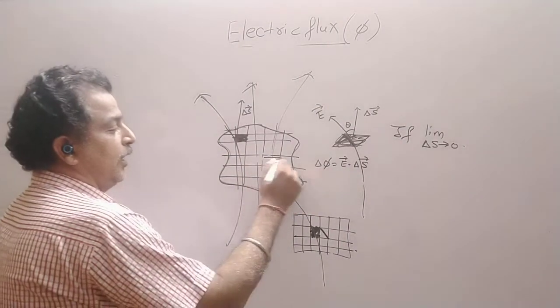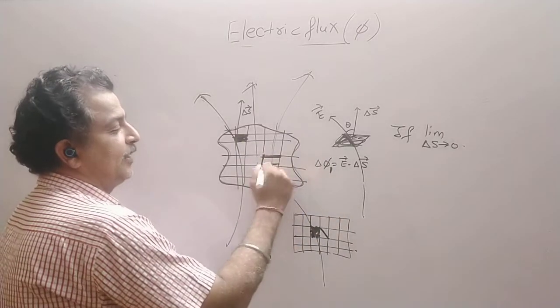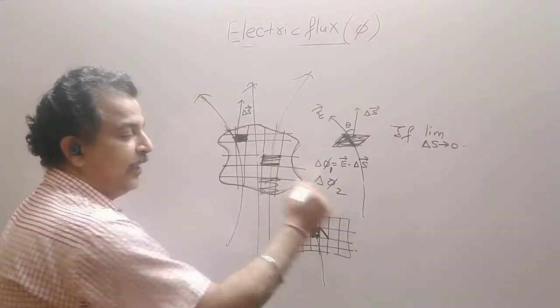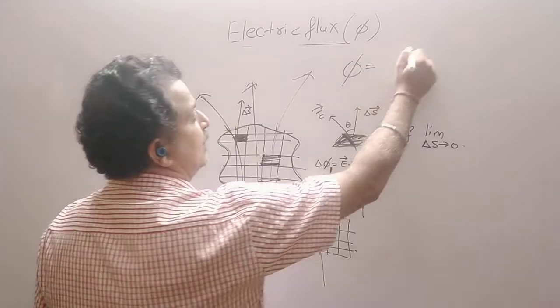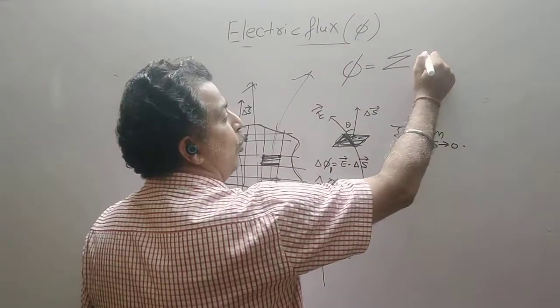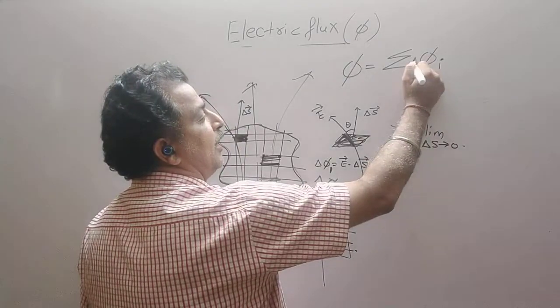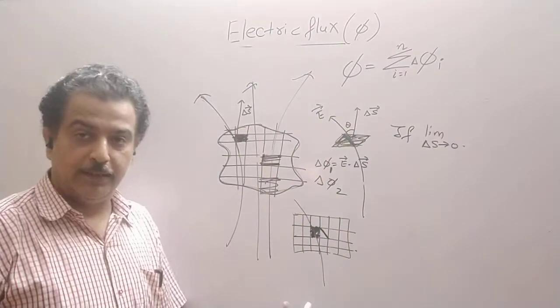Let us say this is delta phi 1. Now if I take this element, delta phi 2, then the third element, delta phi 3. So what will be the total flux? The total flux will simply be the summation of the flux linked with each element, delta phi i, where i is running from 1 to n. We do the summation of all this.